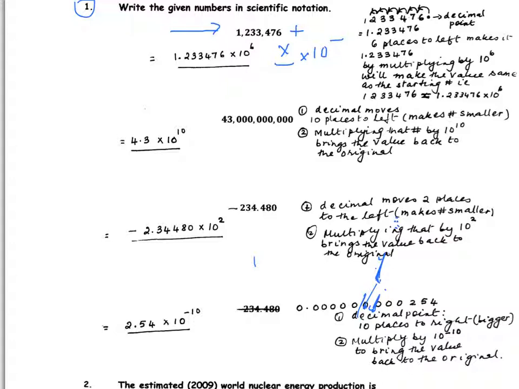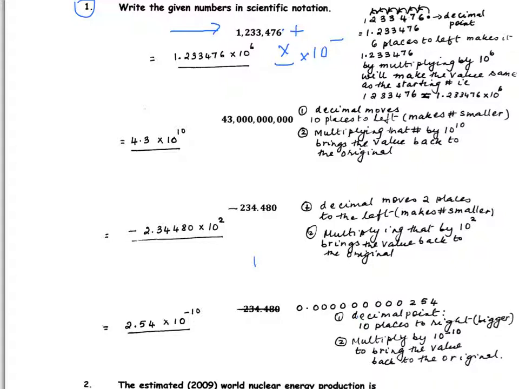There is no decimal point, so we place the decimal point at the end. What we do now is move the decimal point one place at a time, and we stop only when we get a number between 1 and 10.